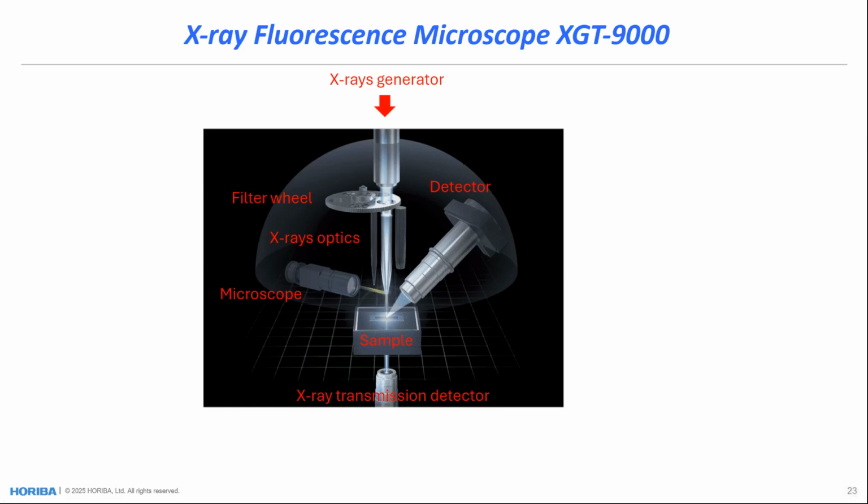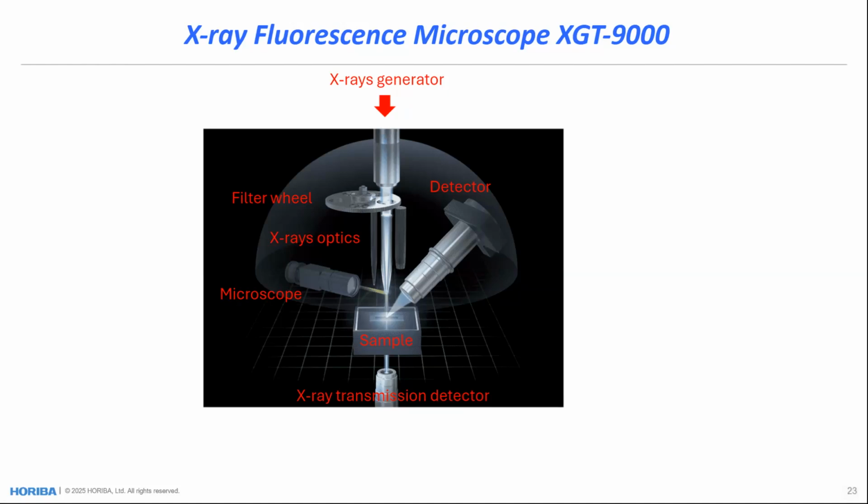Now here is how the microscope looks. We have the X-ray generator with a microspot X-ray tube, and the beam goes through a filter wheel, which can be open or hold several filters. After that, the X-rays go through the X-ray optics.